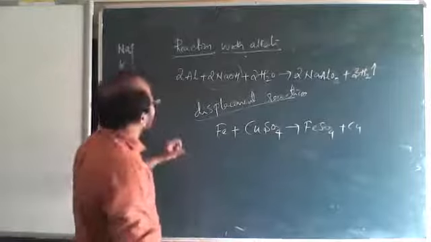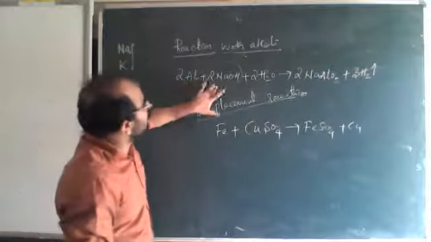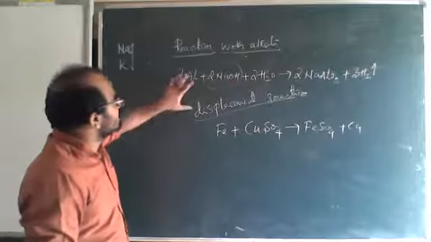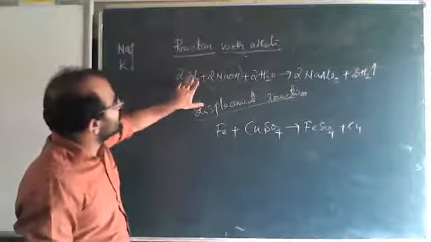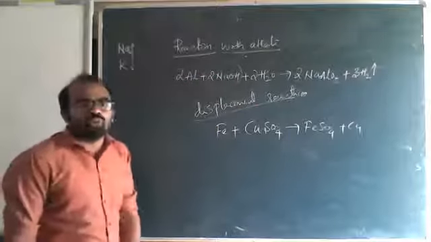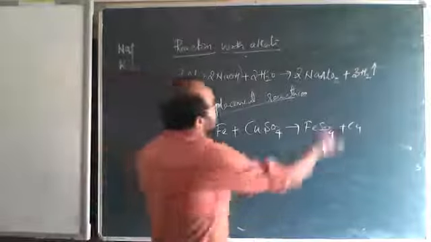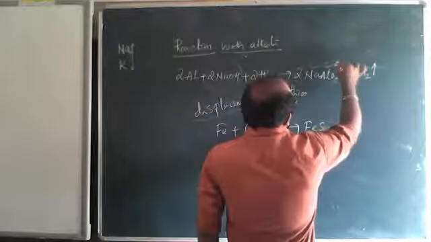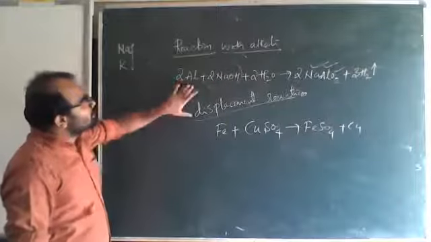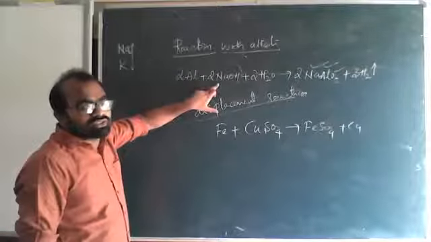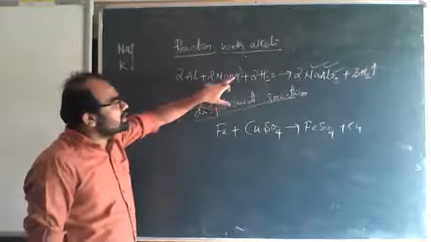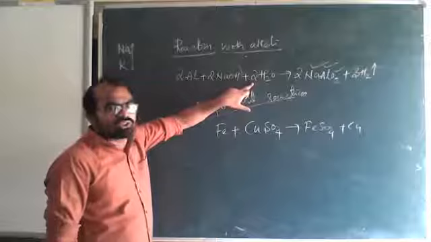So here, 2Al plus 2NaOH plus 2H2O. How is it reacting? It is taking NaAlO2, sodium aluminium oxide. So aluminium is reacting with sodium hydroxide, which is an alkali metal hydroxide, along with water.